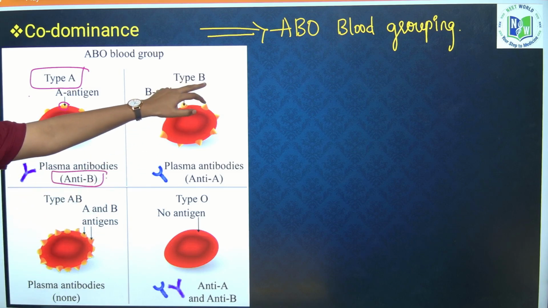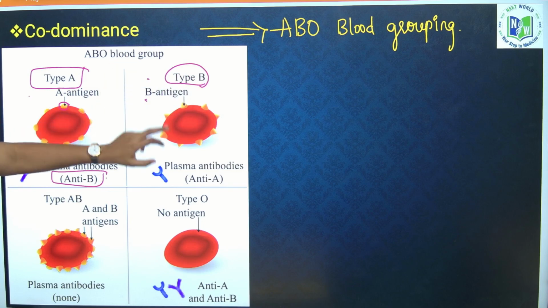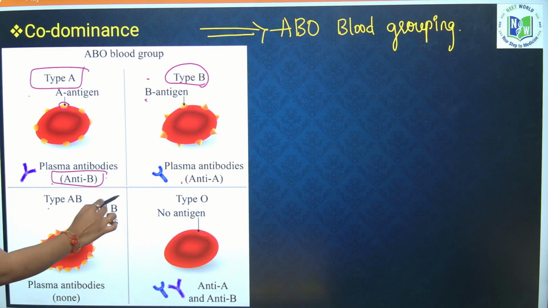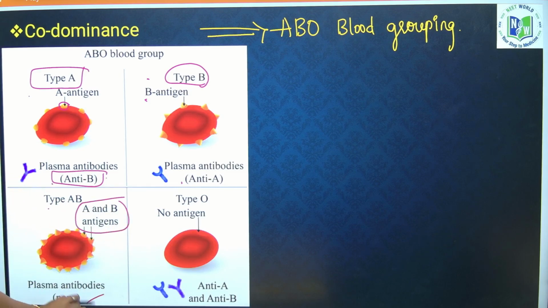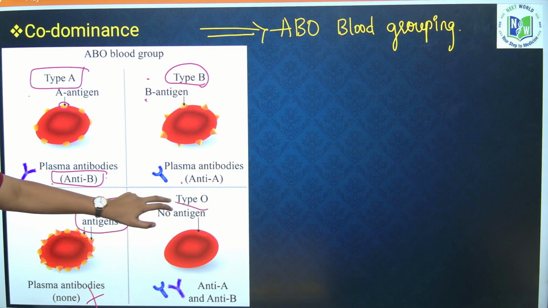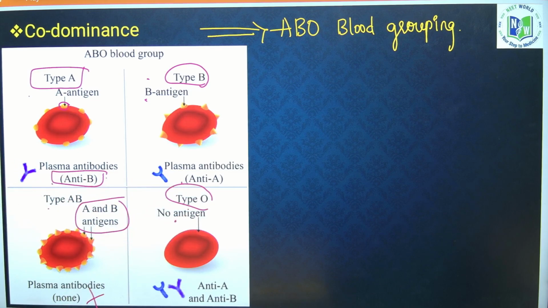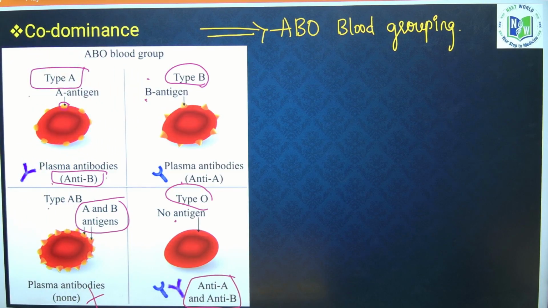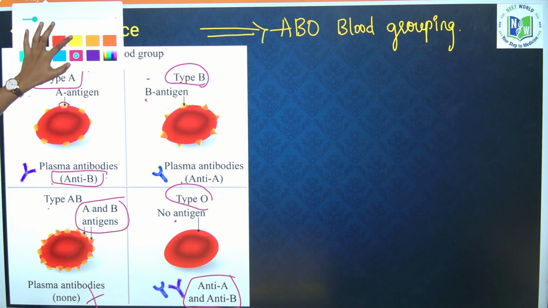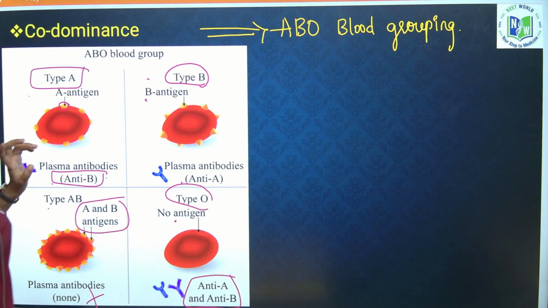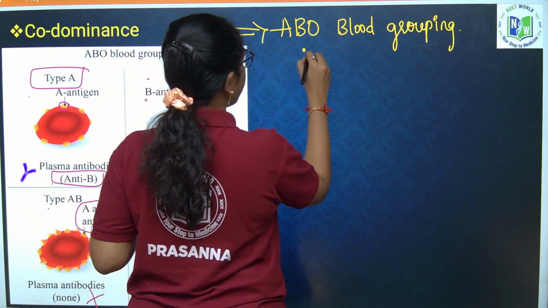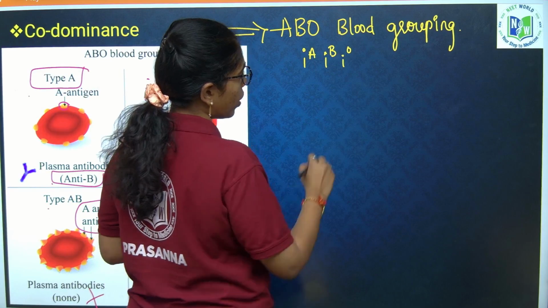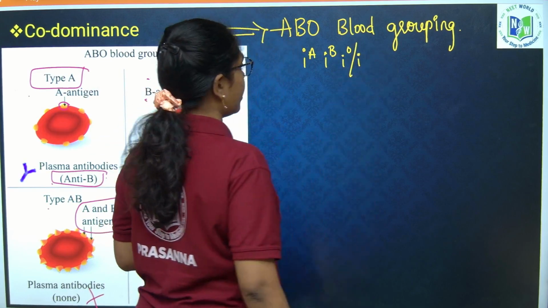B blood group has B antigen and anti-A antibodies. AB has AB antigens and no antibodies. O blood group has no antigens but anti-A and anti-B antibodies. So, ABO blood group has three alleles, IA, IB and IO. IO can also be written as i only.